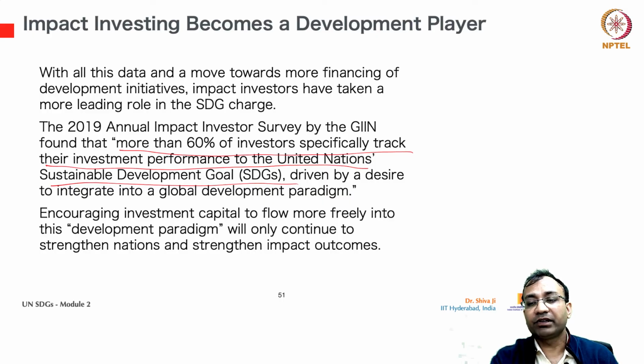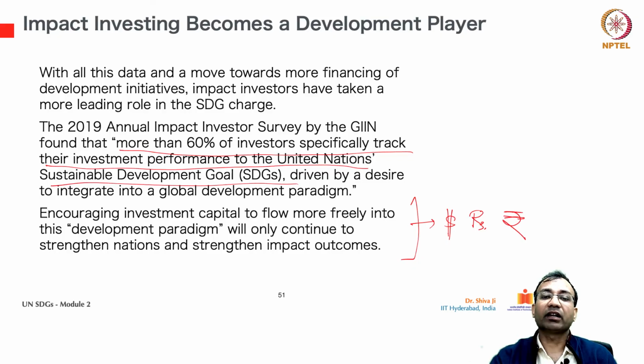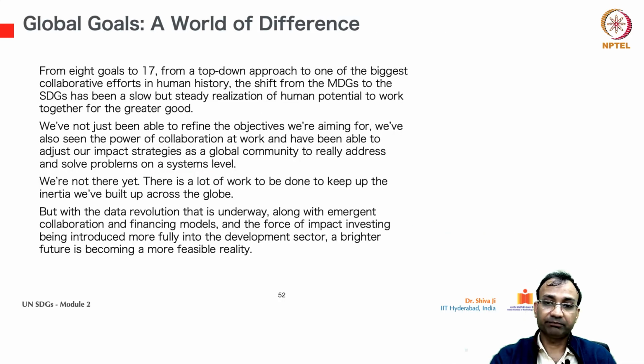Encouraging investment capital to flow more freely into this development paradigm will only continue to strengthen nations and strengthen impact outcomes. So how can the currency be invested into this? Okay, so a mechanism can actually be created that is timely and accountable, and which can be evaluated and assessed by the investors who are putting in money.